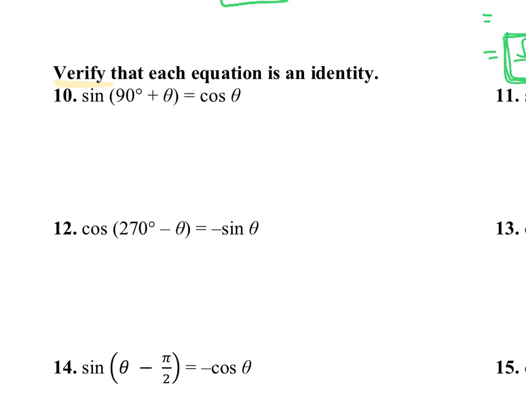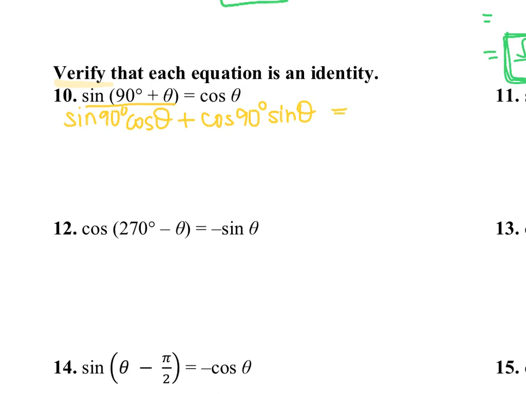For number 10, this is clearly using the sum for the sine trig function identity. So I have sine, cosine, plus cosine, sine for my left-hand side.